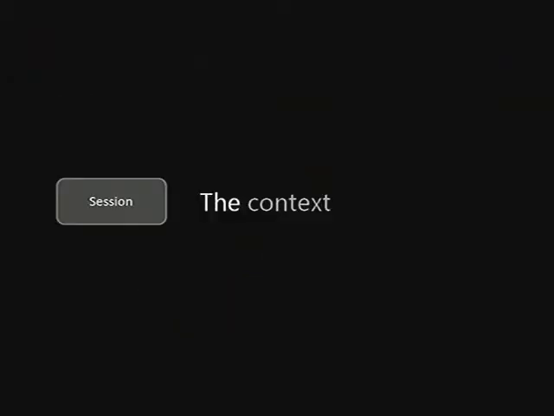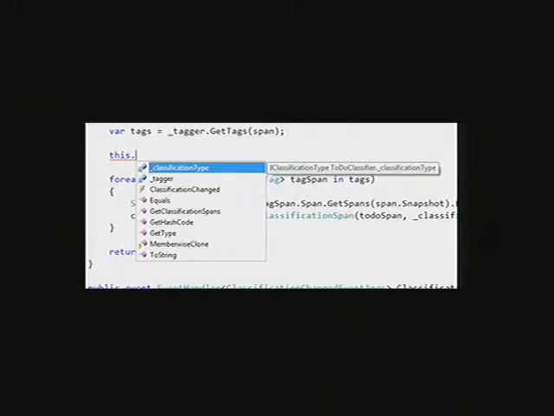So let's start off with the session, and then let's go into exactly what that means. I said it was the context, right? It's the state of IntelliSense at a point in time. When we talk about statement completion, let's think about what the state is here. If I type a period while working in a C# file, I've basically started a session.